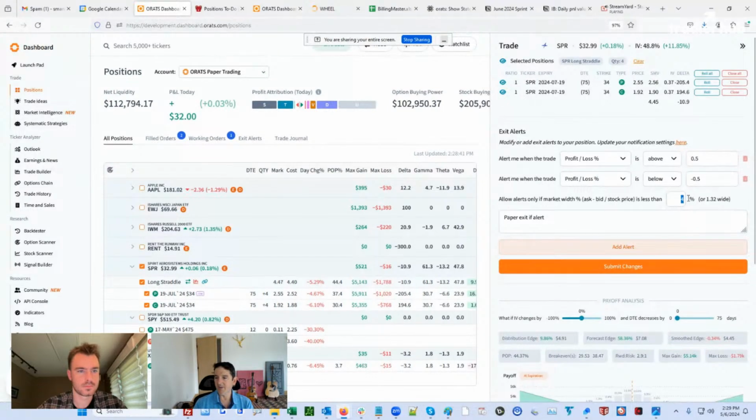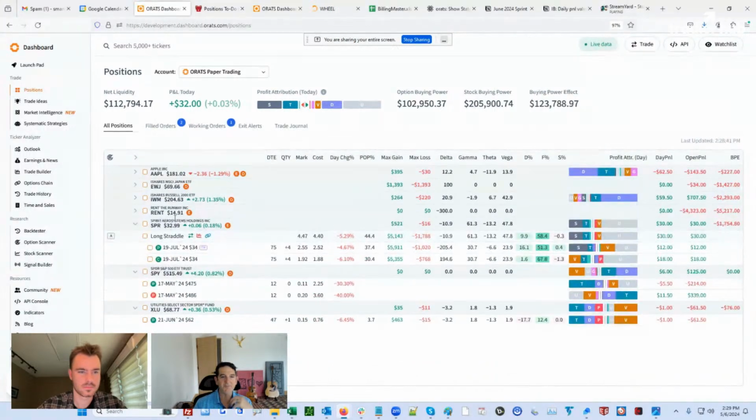But I'm going to keep it about 1.8 wide. And then I'll submit that change. It'll go over and you'll see an A there, and then I can mouse over it. So that's another way to manage your risk in a particular position. That's a nice feature for risk management as well, Tyler.